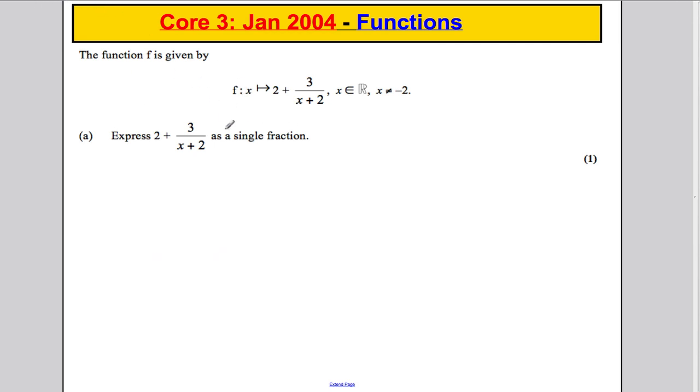Okay, here's our function. Express that as a single fraction: 2 + 3 over (x + 2). Well, this is like 2 over 1 plus 3 over (x + 2). To add fractions, the denominators have to be the same. Multiply the first one on top and bottom by x + 2.